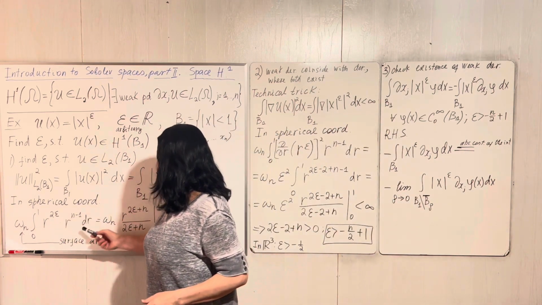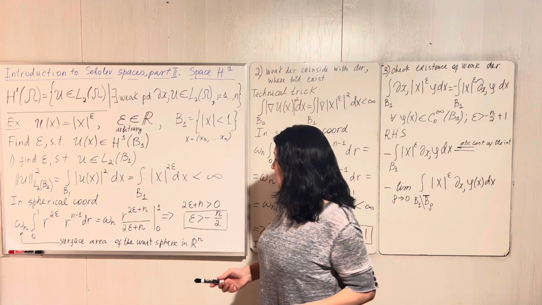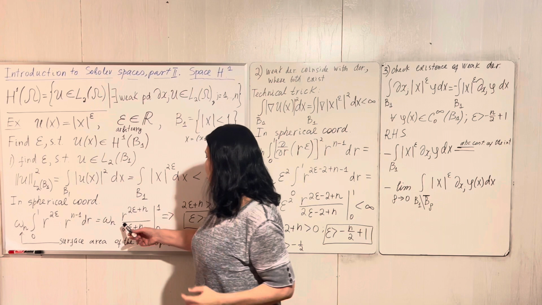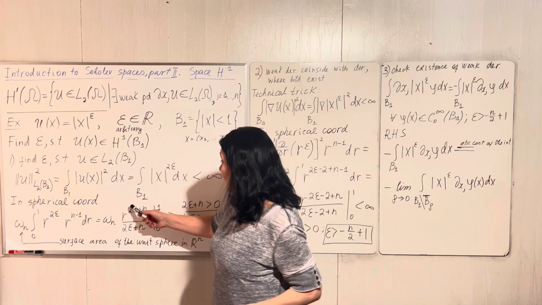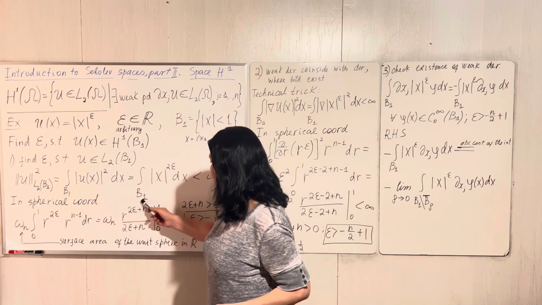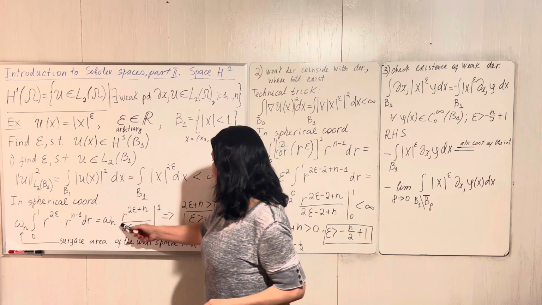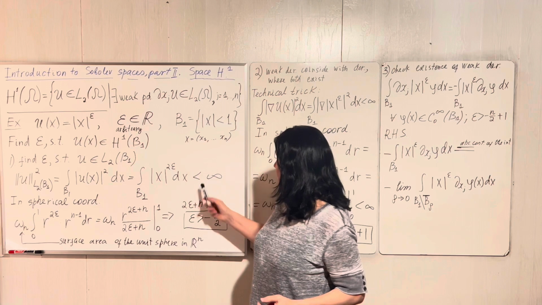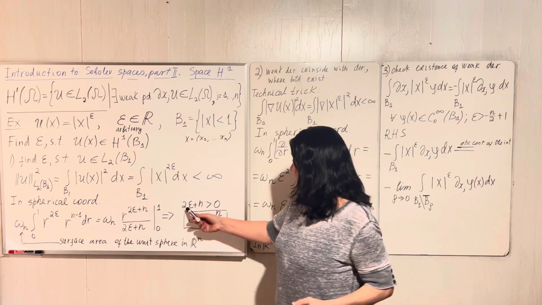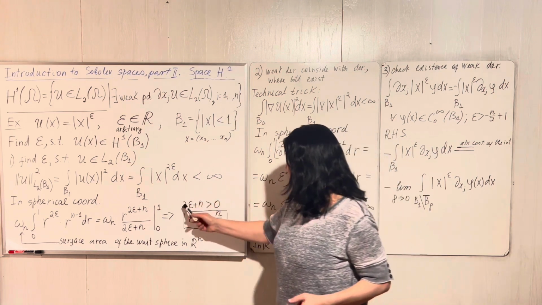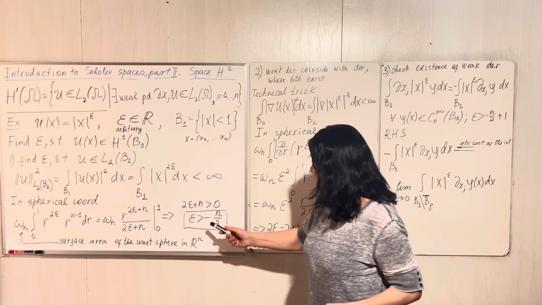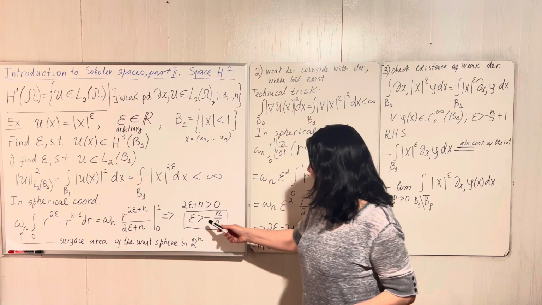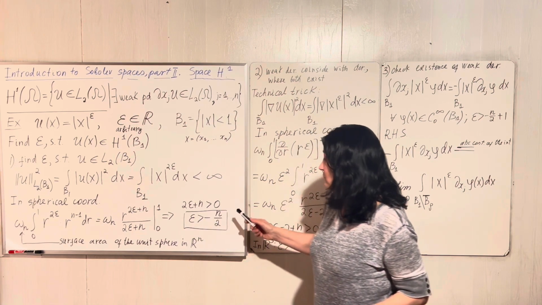By integrating, we see that 2 epsilon plus n must be positive for the integral to converge. So we write this, and from this inequality we have our first condition: epsilon must be greater than negative n over 2.